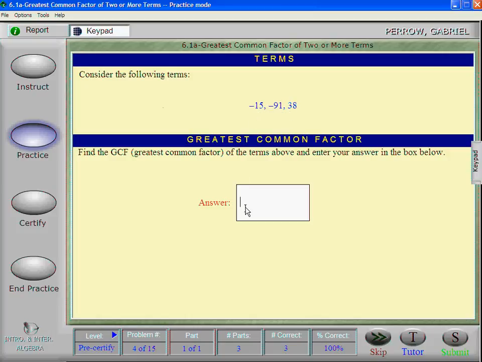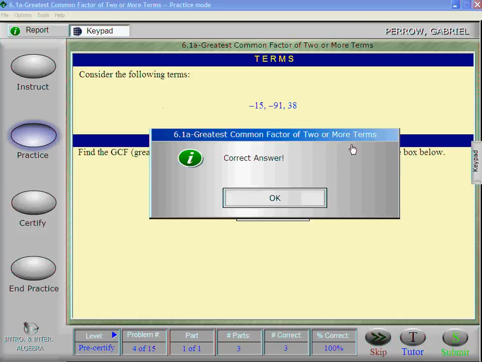So 1 is what I'm expecting as a greatest common factor. But if you go through the tutor mode, they're going to have you break down each number with factor trees, like, prime decomposition, and then you would come to the conclusion that there's nothing common between all these values. So we could say submit.